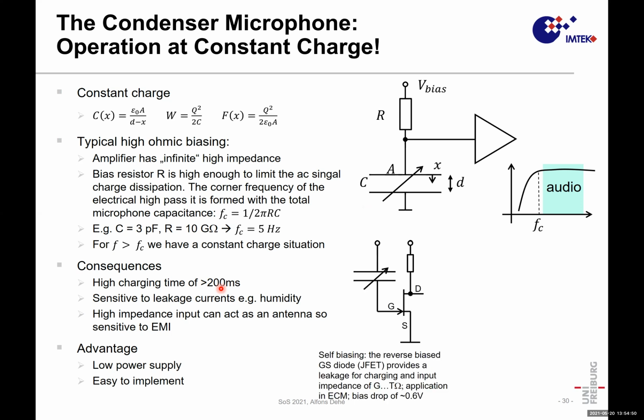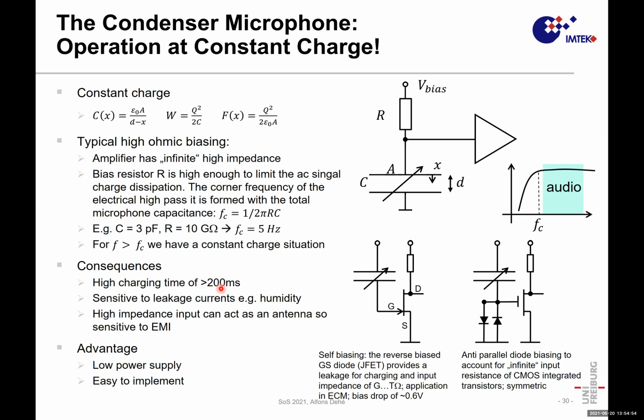And how could you arrange this in today's solutions? For this amplifier, nowadays we use CMOS technology. In the past, there were junction field effect transistors, for example, like this. Here you have a gate source diode.